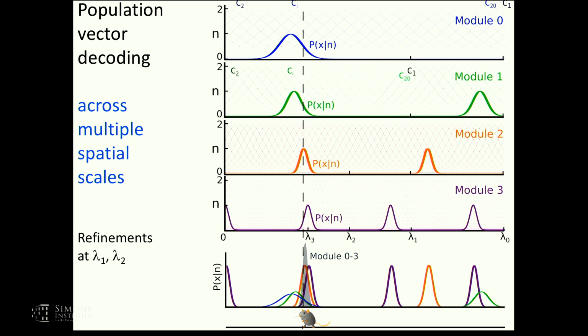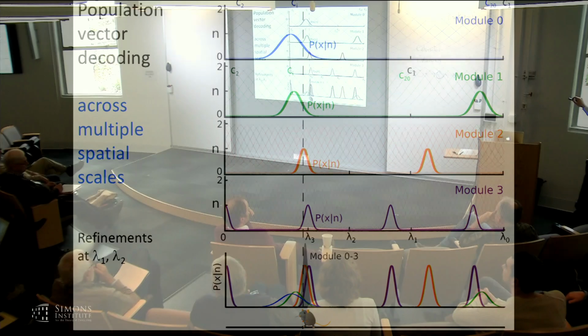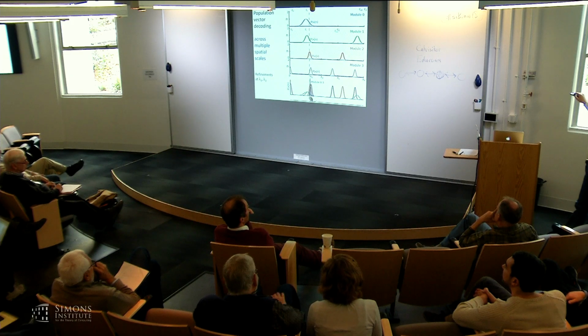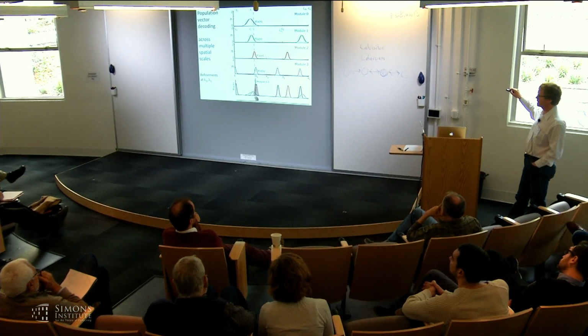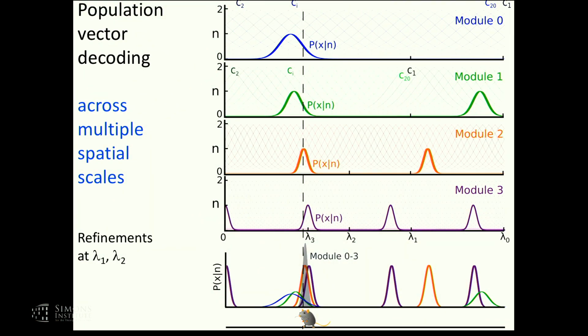Well, if I have one module with a certain wavelength, I run this algorithm, I get a certain position estimate that comes with an error. And then I use the next one to refine this estimate. But you can also have random phases, random wavelengths. You can decode just as well, right?